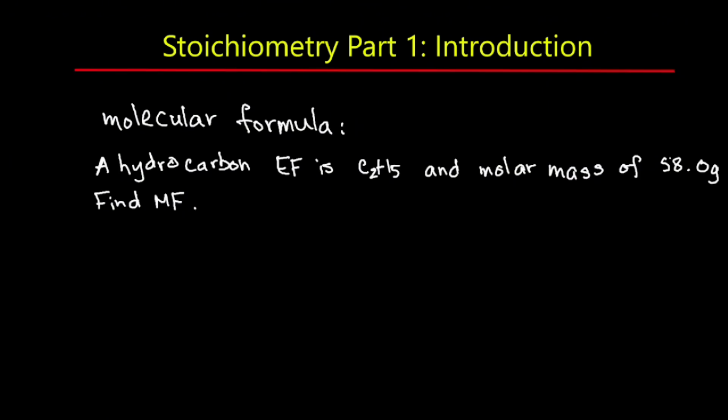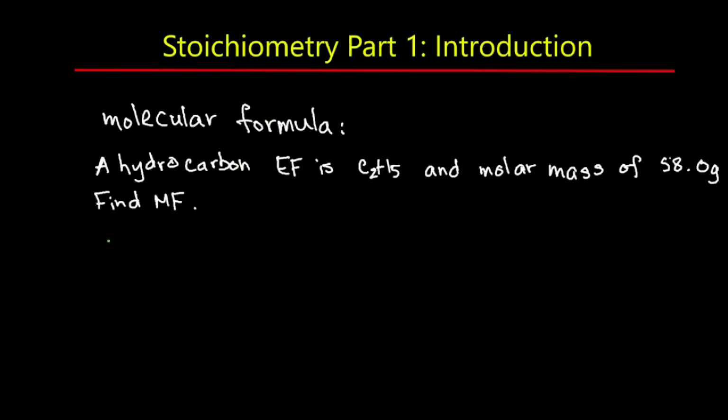Okay, molecular formula is an extension to the empirical formula. What do I mean by that? Well, let's take a look. A hydrocarbon has an empirical formula of C2H5 and a molar mass of 58.0 grams. What is its molecular formula? Well, the first step is to calculate empirical mass.